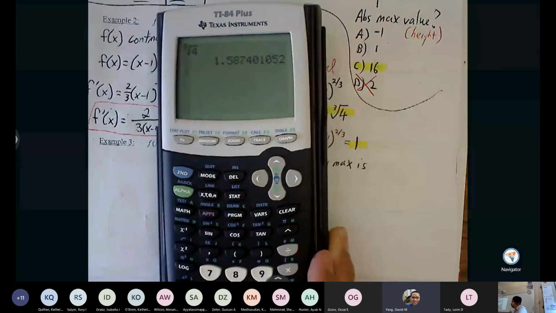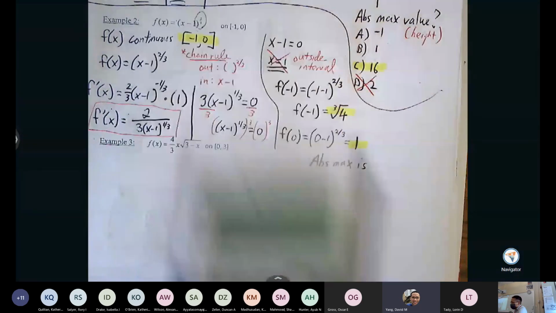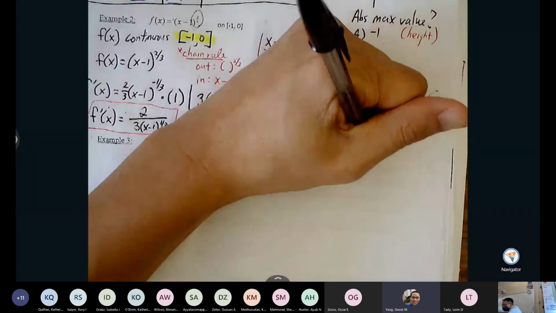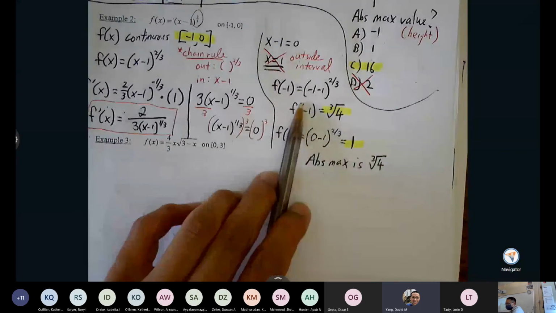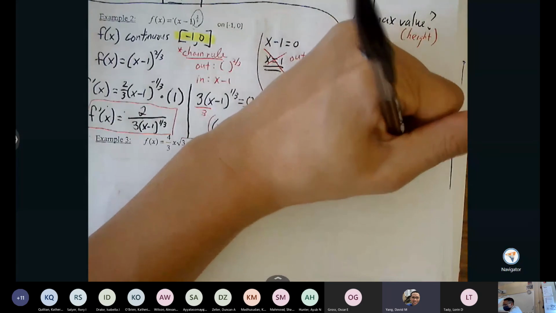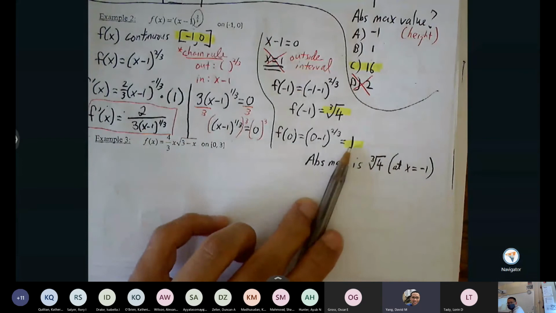Yeah, cube root of 4 is 1.58. Okay, so absolute max is cube root of 4. So that's the important information, right? The less important information is the x value, but we can put that to the side. And the smaller value is the 1, so we call that the absolute min.